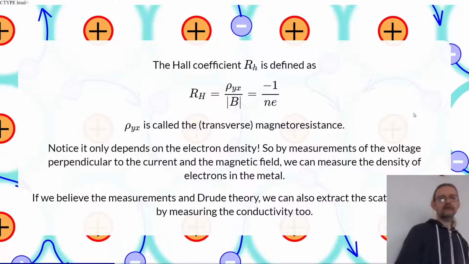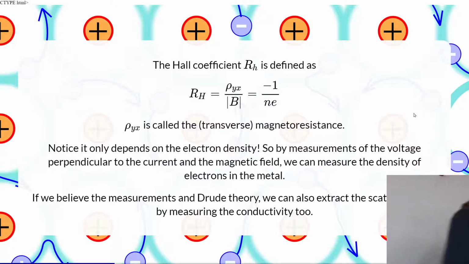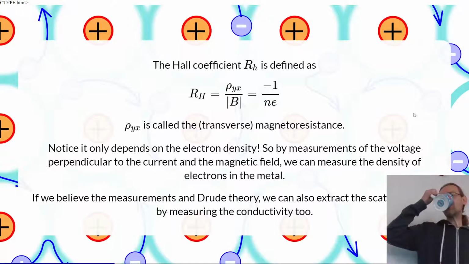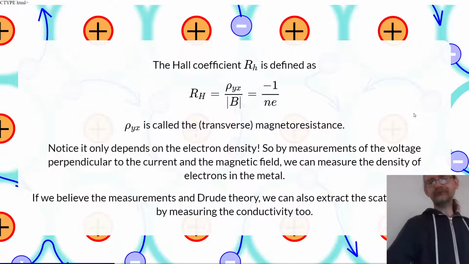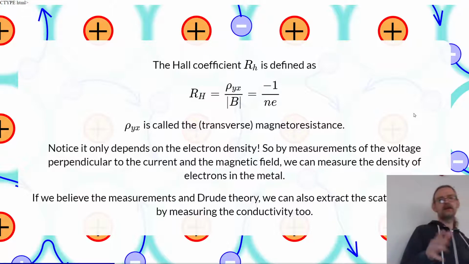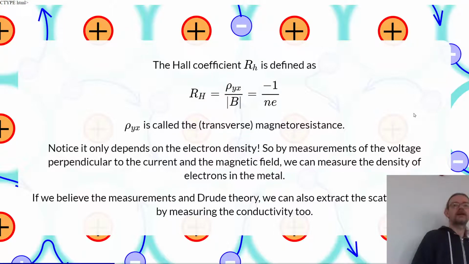I think these are just words more or less the same as what I just said. So there's this magnetoresistance, called magnetoresistance because it's coupling the current and the electric field in different directions, caused by the magnetic field.